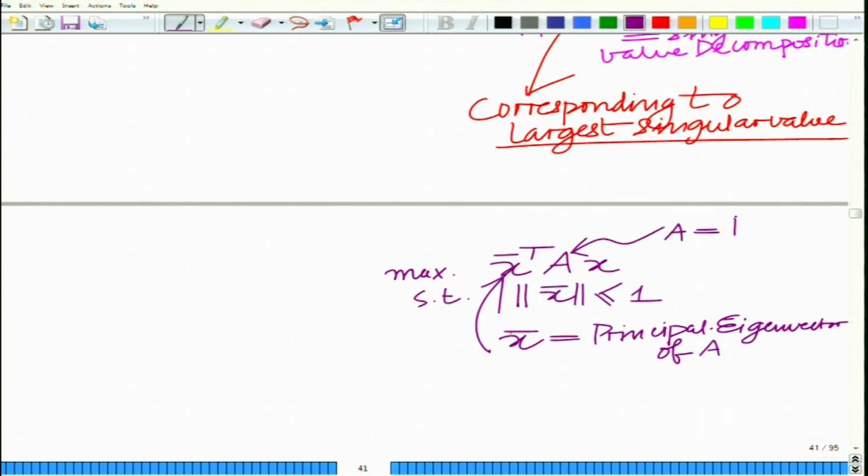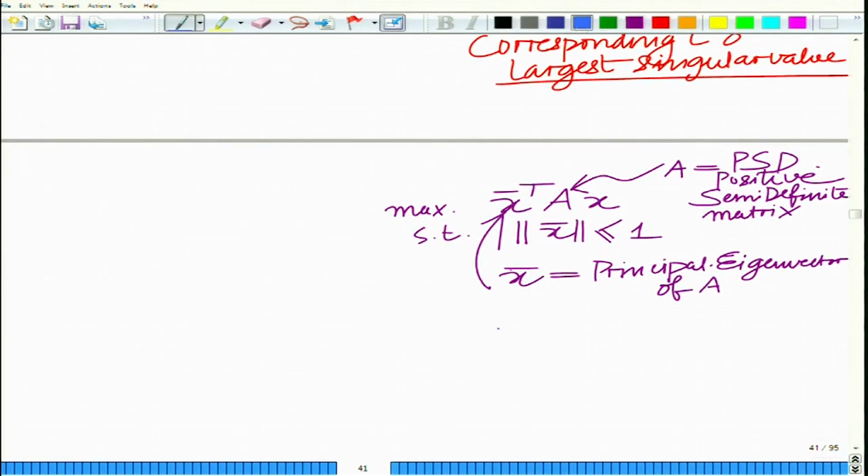Similarly, there is another interesting analog: minimize x bar transpose A x bar such that norm x bar is greater than or equal to 1.